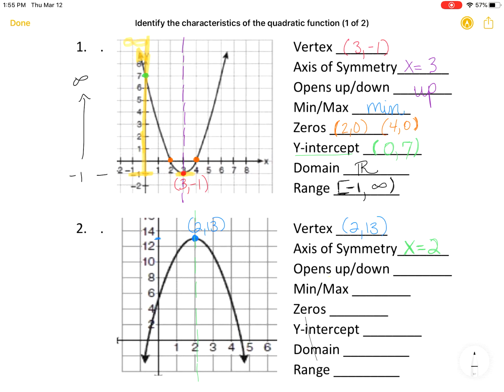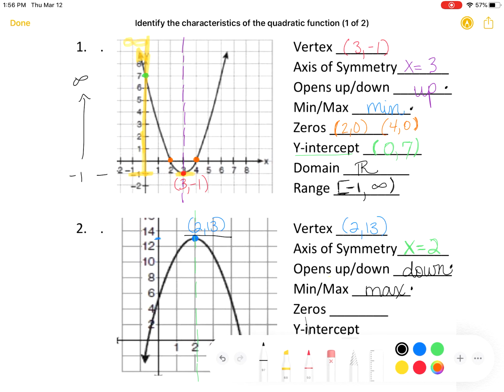This graph is pointing downward, so it opens down. And that also tells me that I have a maximum. So this vertex here is at the top of the graph, so it's a maximum. If it opens up, as in number 1, it will have a minimum. If it opens down, like it does in this one, it will have a maximum.